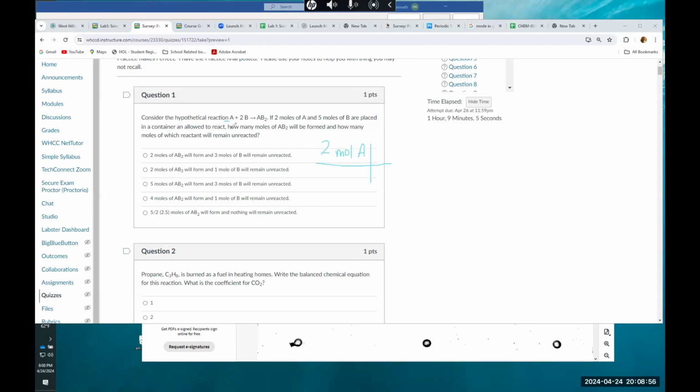What is the coefficient in front of A? It's 1. And then for how much AB we're going to make, what would that be? 1. So we're going to use a 1-to-1 ratio. For every 1 mole of AB, we're going to need 1 mole of A.